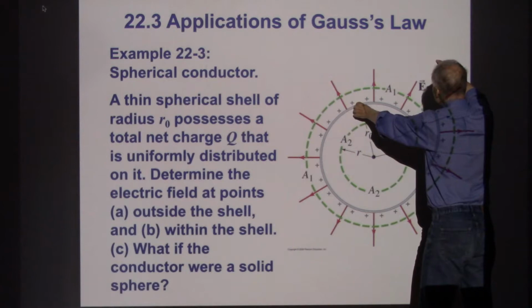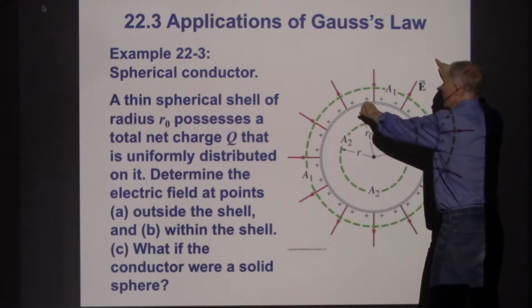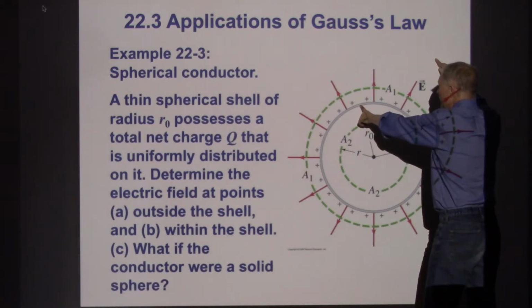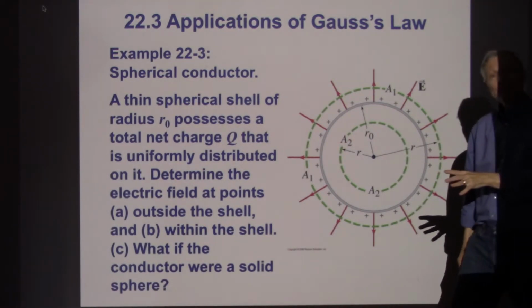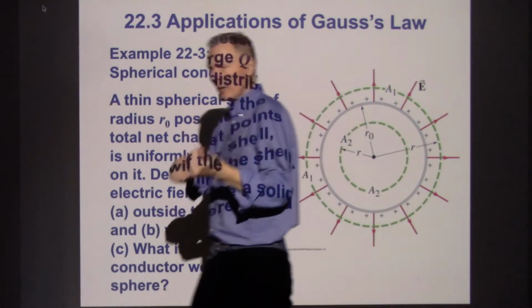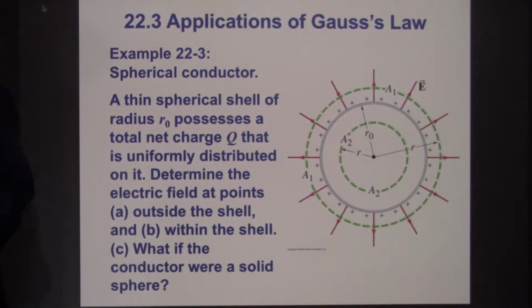I want to know what the electric field is right there. I would have to do some pretty complicated calculations and keep track of all the different vector distances in order to do that calculation. What Gauss's law says is, all right, the direct integration techniques are going to be really difficult, so instead we'll use Gauss's law.